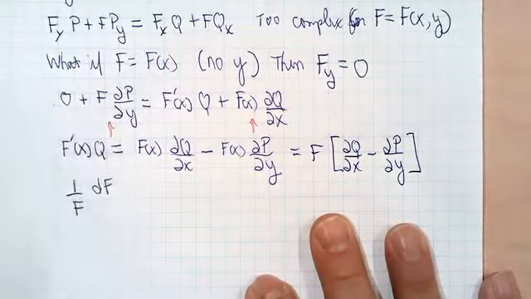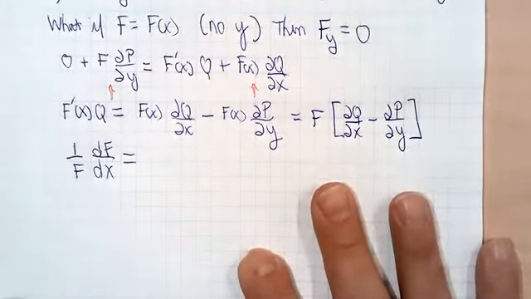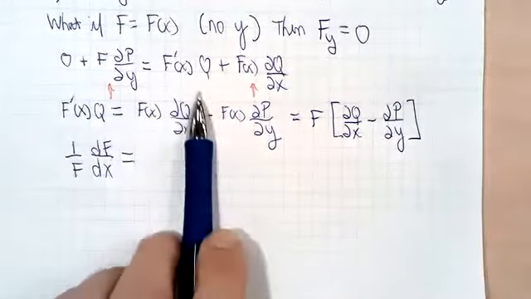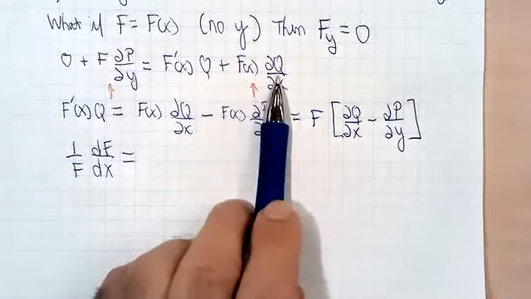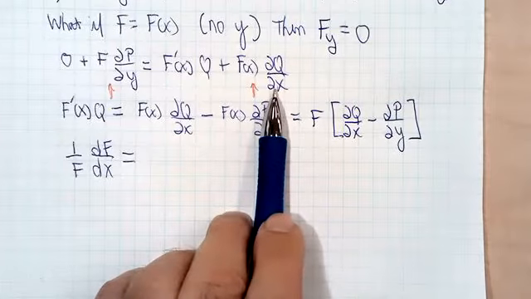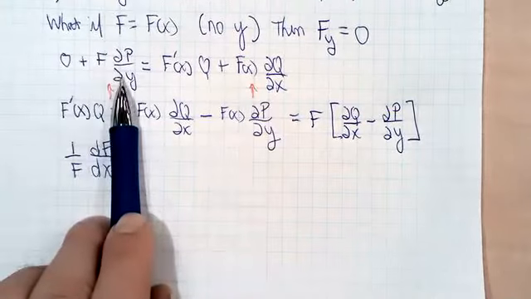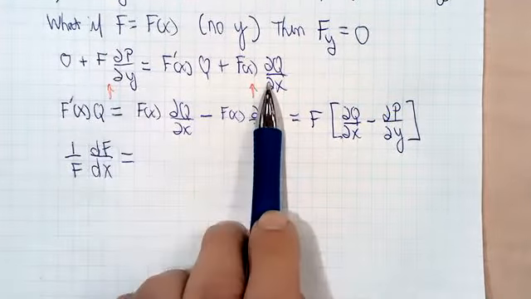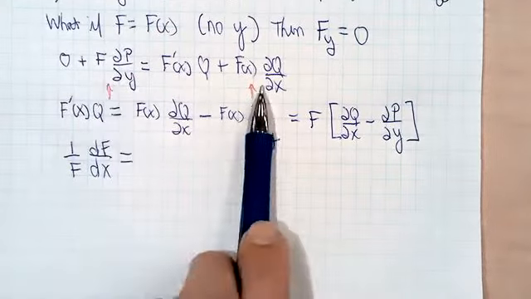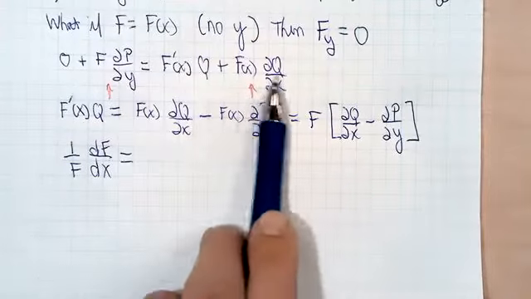I have a question. Uh-huh. Why is dq dx minus dp dy right there? Shouldn't it be dp dy minus dq dx? Okay, what I'm going to do is, I think you're right. No, careful. F is here and here. Yeah, this one moves to that side. So partial p with respect to y minus partial q with respect to x.